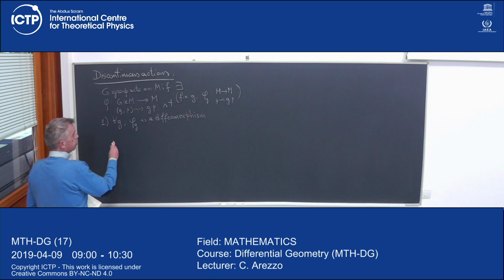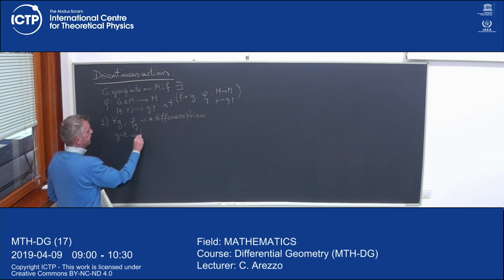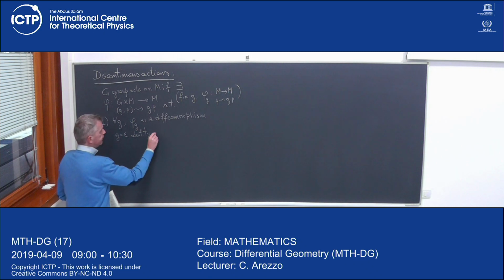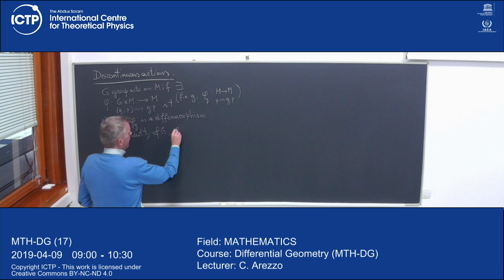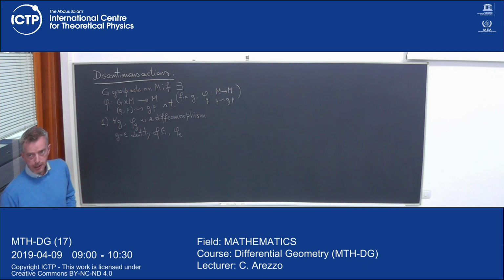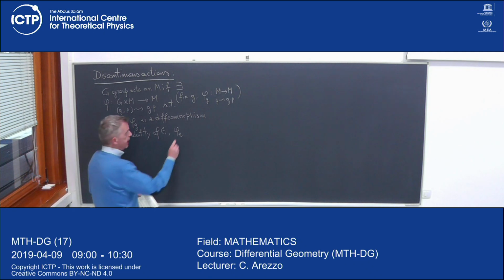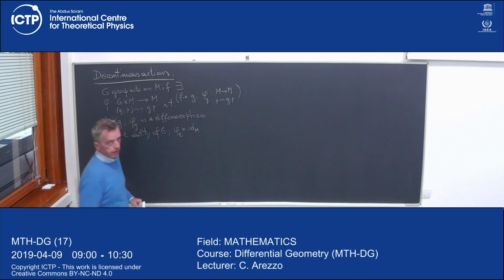And also, of course, in every group there is a special element. So if g is equal to the identity, which I will denote by e, the identity of the group, then I also require that phi e, so if I take the identity element of the group, actually nothing is happening. So the action of the identity is nothing.